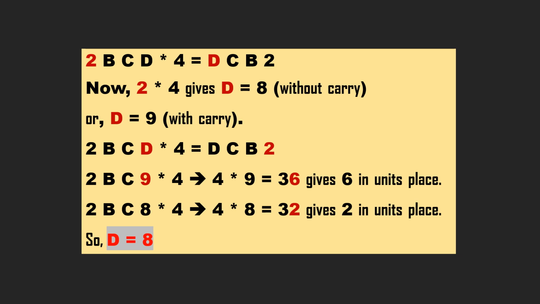But 4 into 9 is 36, which gives 6 in units place. So, it cannot be 9. If D is equal to 8, 2BC8 into 4 is DCB2. Yes, 4 into 8 is 32, which gives 2 in units place. So, D is equal to 8.